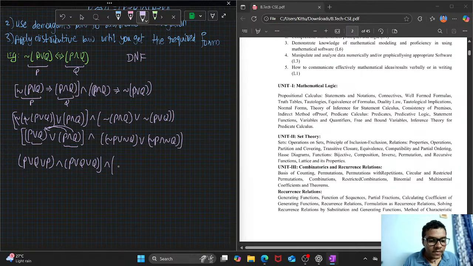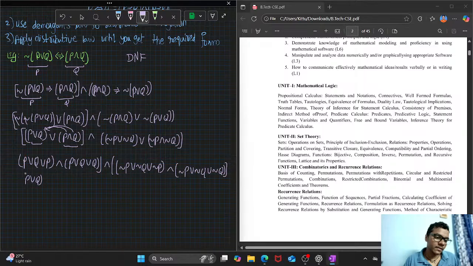And again, same here. Negation of P or negation of Q or negation of P, and this end, I'm distributing it out, negation of P or negation of Q or negation of Q. If you do this, it is just P or Q. I mean, you can just remove the common terms.